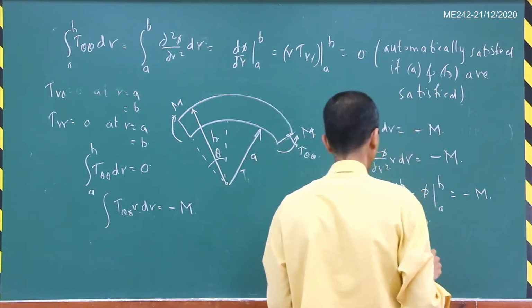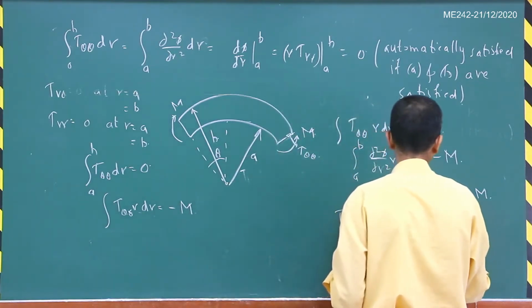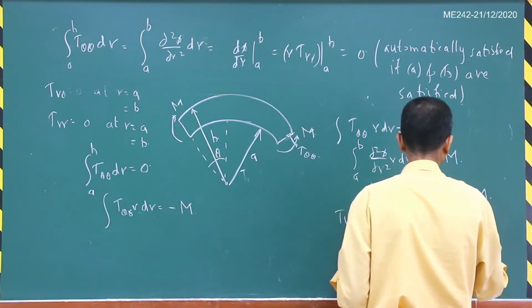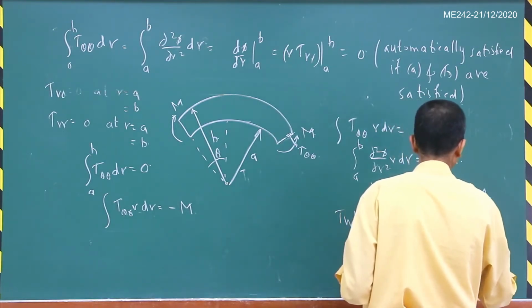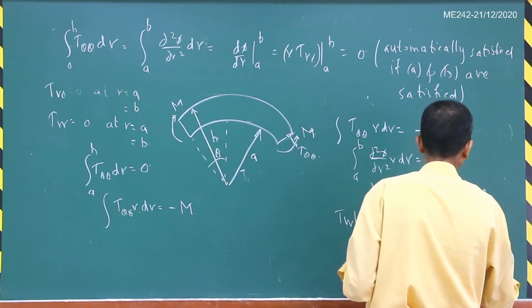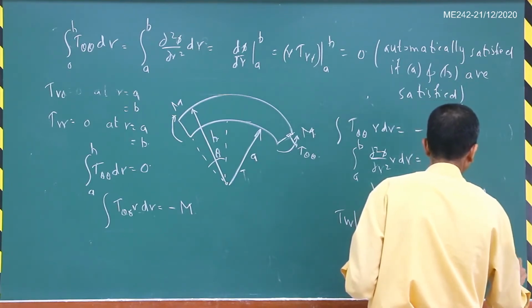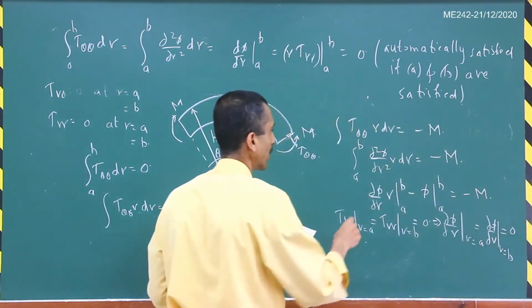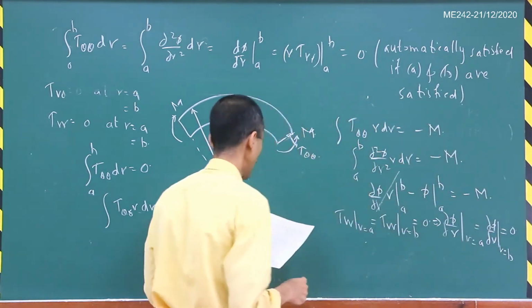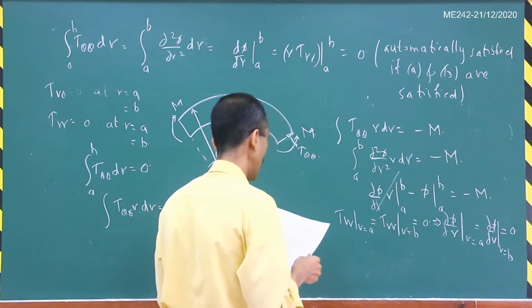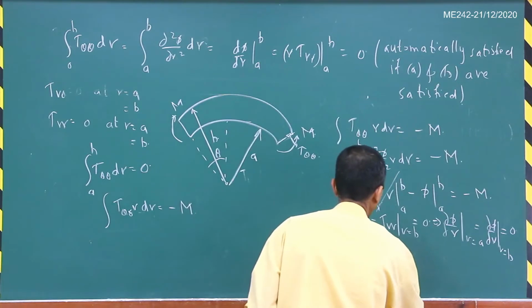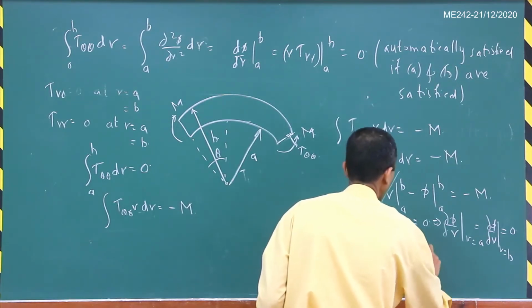So this implies that del phi by del r at r equal to a is equal to del phi by del r at r equal to b is equal to 0. So this term just drops out because of that, and then we get that phi from a to b is equal to n. So phi evaluated at a and b is equal to n.